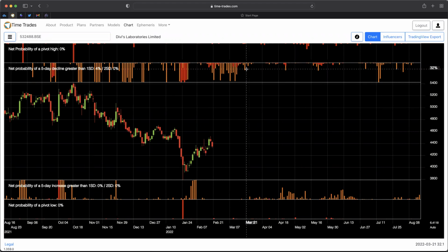So that is not looking very bullish at all. Also notable is the complete absence of any forecast up moves here for DIVIS Labs. So this looks like a good opportunity to establish a short position.